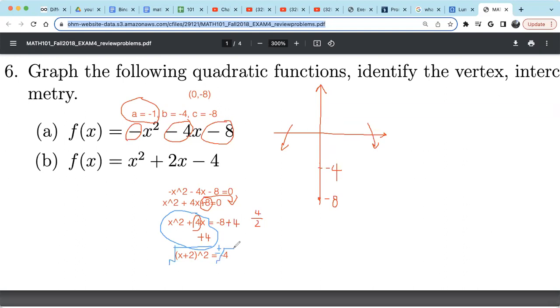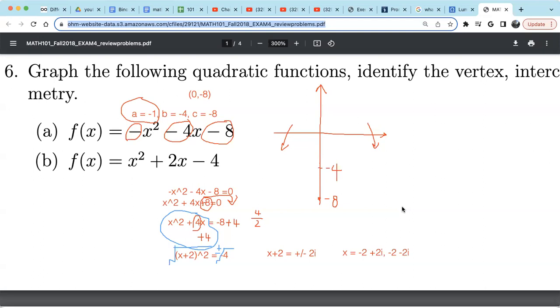I get a square root of -4, which is an imaginary number. So I get x plus 2, the square root and square cancel each other. So I get plus minus 2i, right? Imaginary number. So now I move positive 2 from the left-hand side to the right-hand side. Solve for x. I get -2 plus 2i and -2 minus 2i. Two complex solutions.